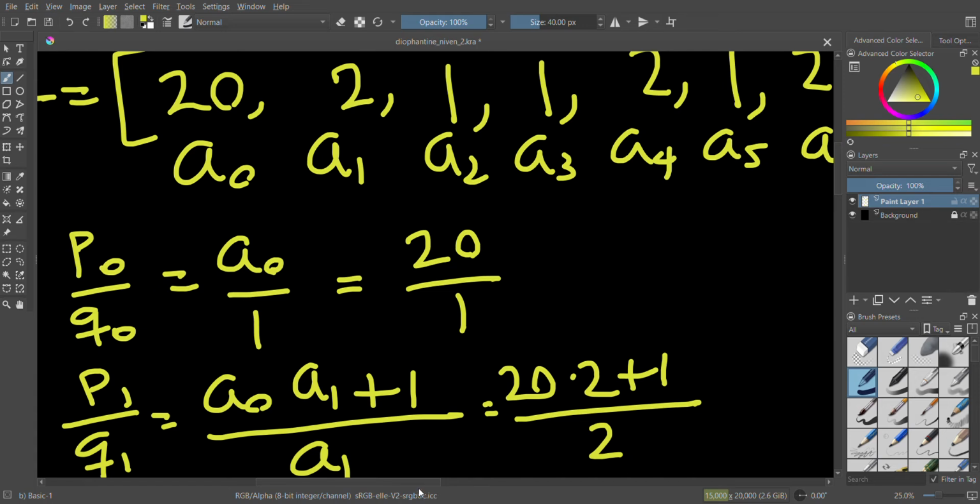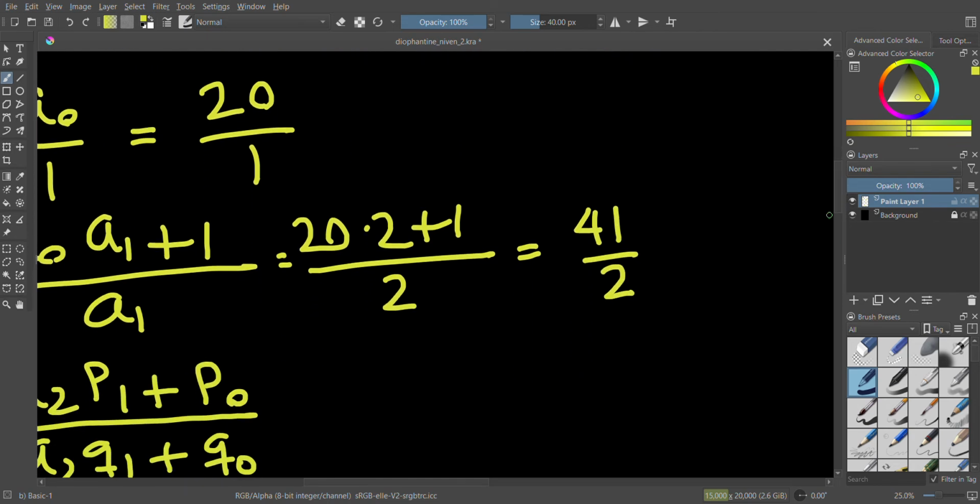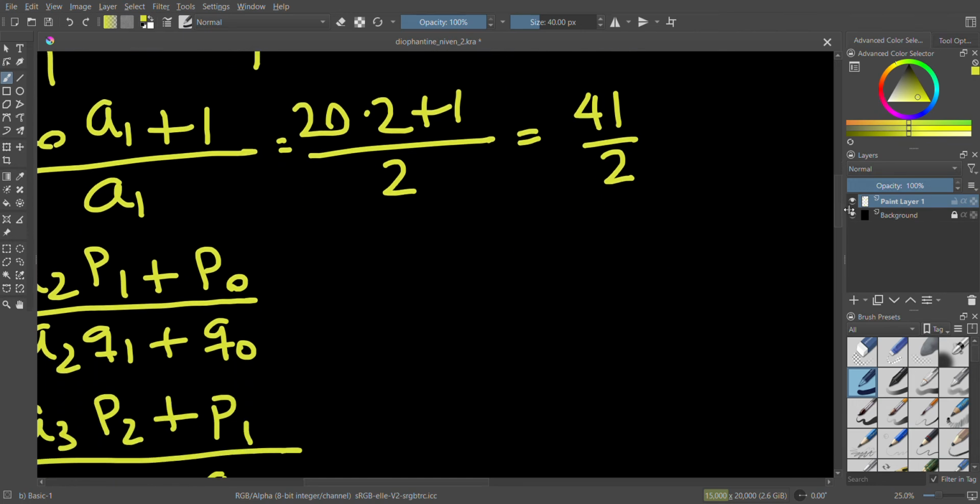So now you had 20 over 1, but now you have 41 over 2, which is close to 20 over 1. This number is always going to be 20 point something, or maybe 19 point something, but never outside that range. Any one of these convergents.